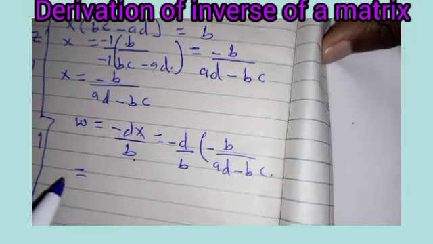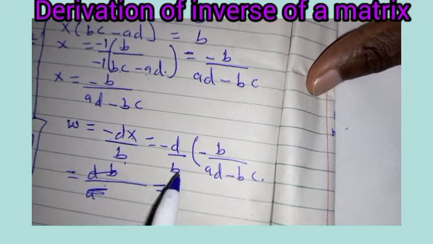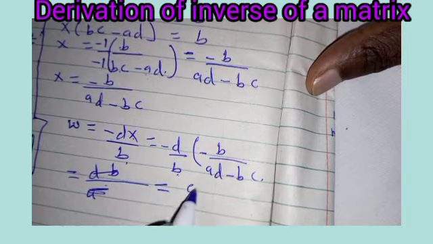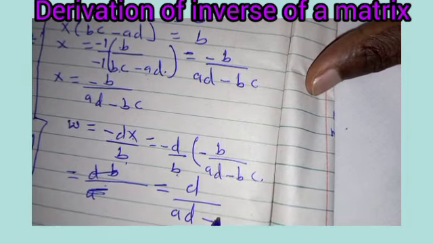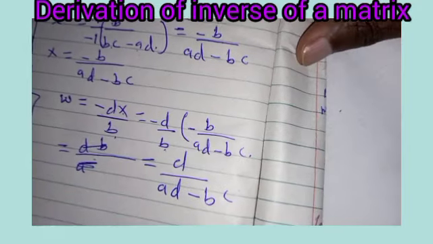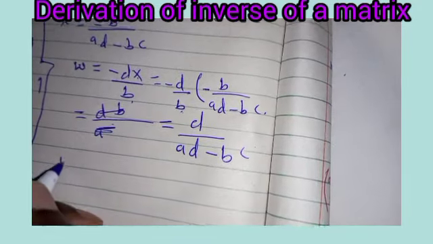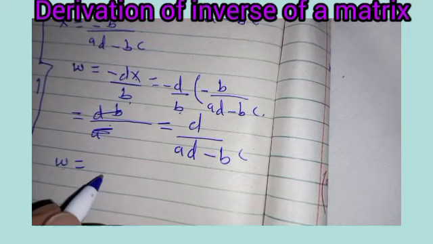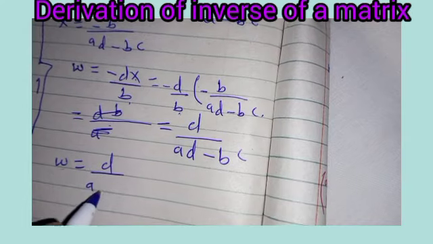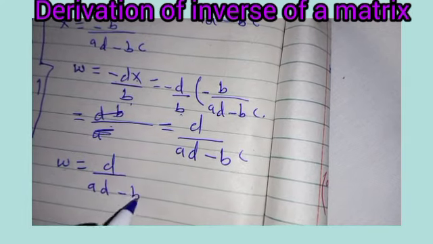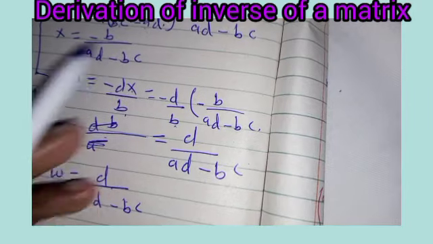The b and b will cancel, and we will have d into bracket ad minus bc. So our w is equal to d over ad minus bc. And you can see our x is minus b over ad minus bc.